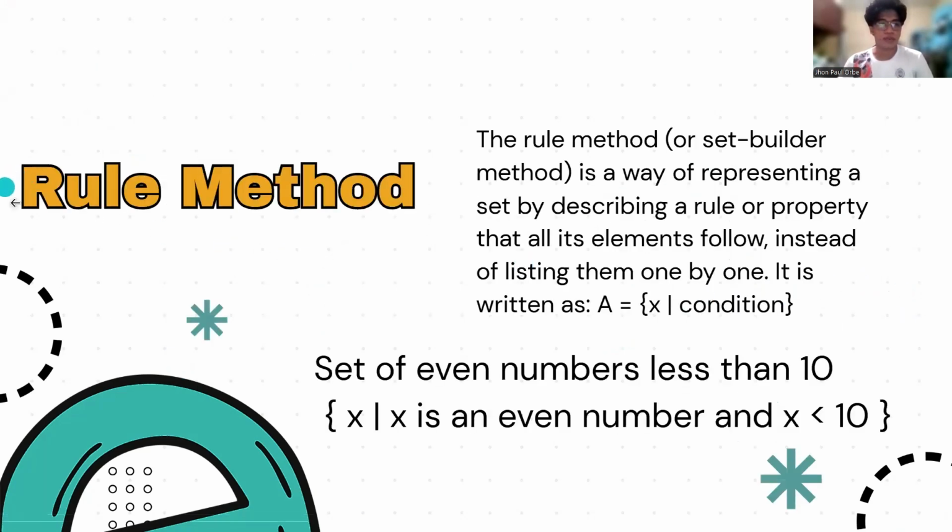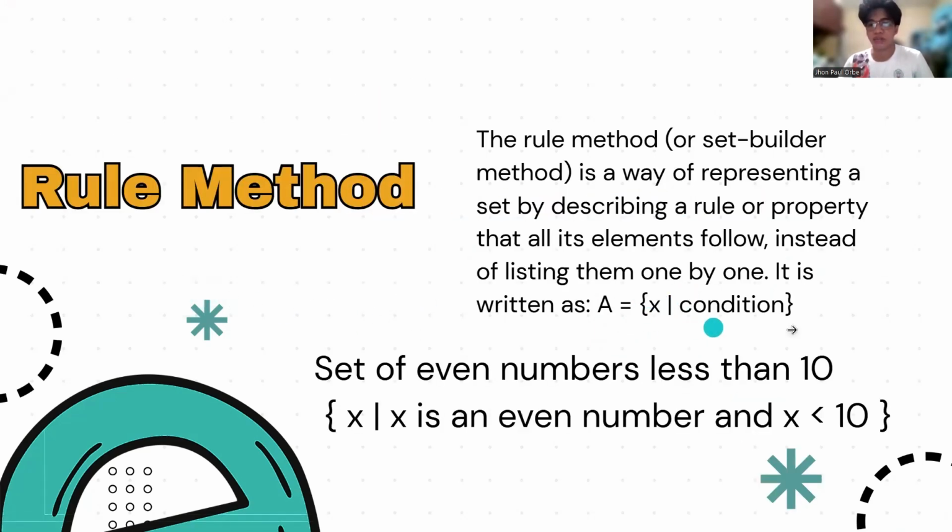So now let us move to the rule method. The rule method or set builder method is a way of representing a set by describing a rule or property that all its elements follow. Instead of listing them one by one, it is written as, for example, set A. The element of set A is denoted by X. We call this "such that."